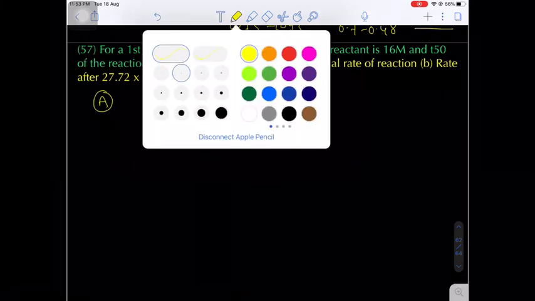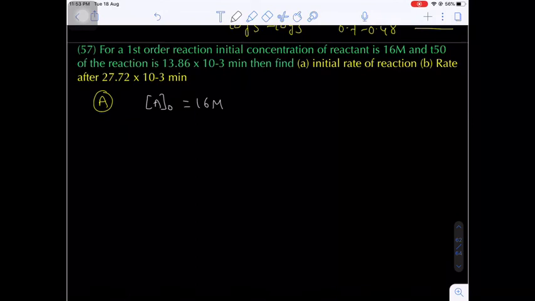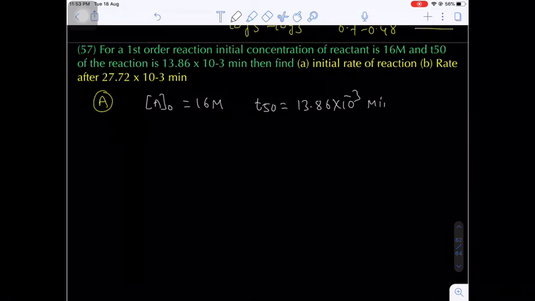Now first of all, what is the information given here? Initial concentration, that will be A0. How much is given? 16 molar. Now T50 given here, 13.86 into 10 to the power minus 3 minutes. And it is which order kinetics? First order kinetics. Are you getting my point?